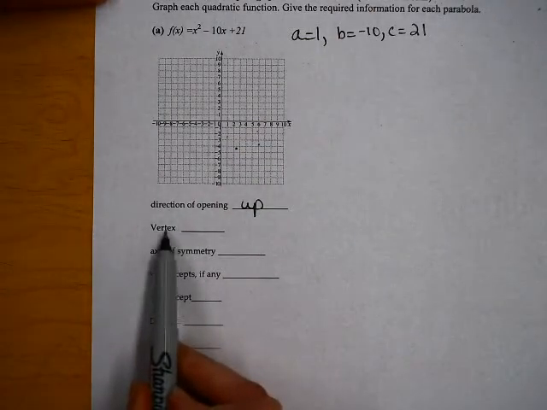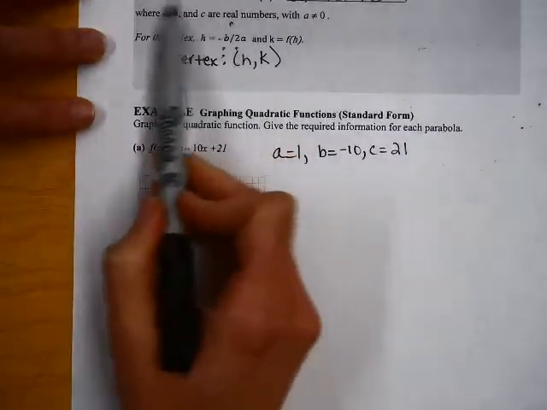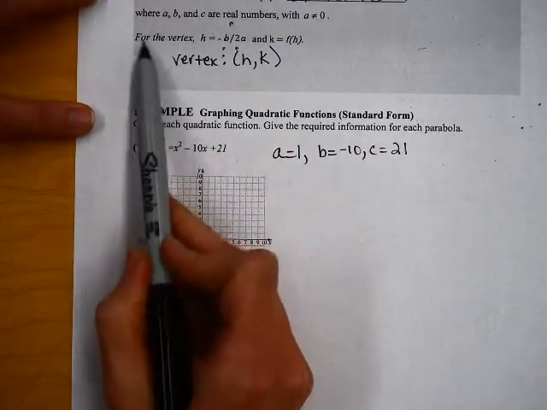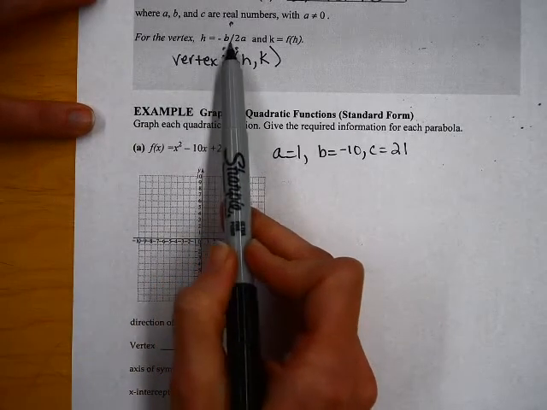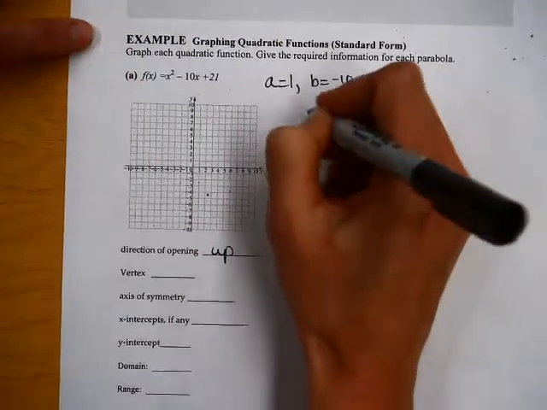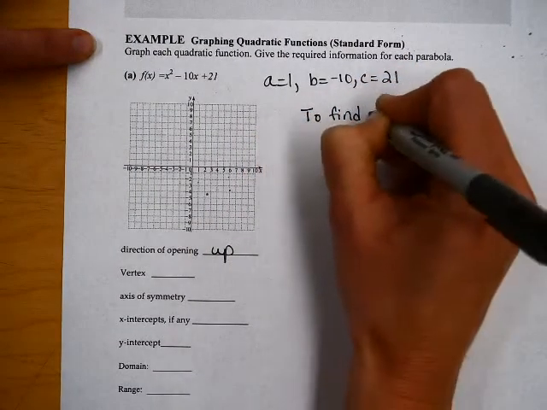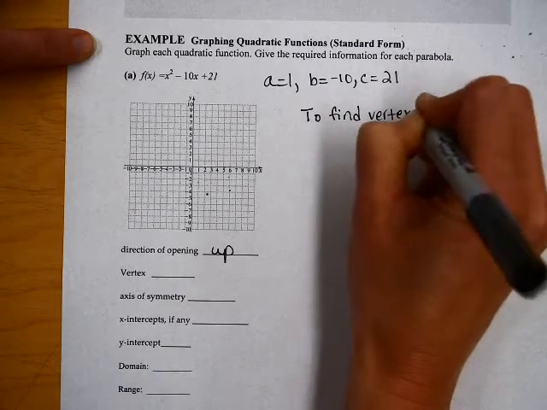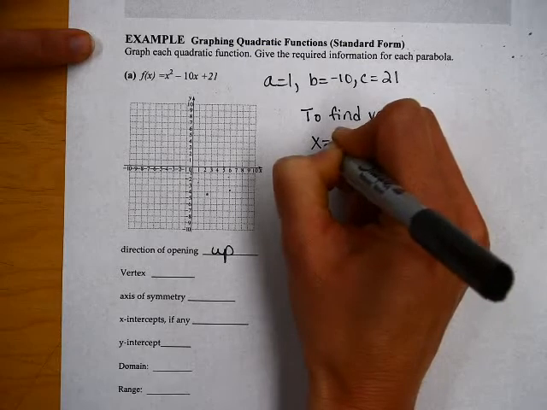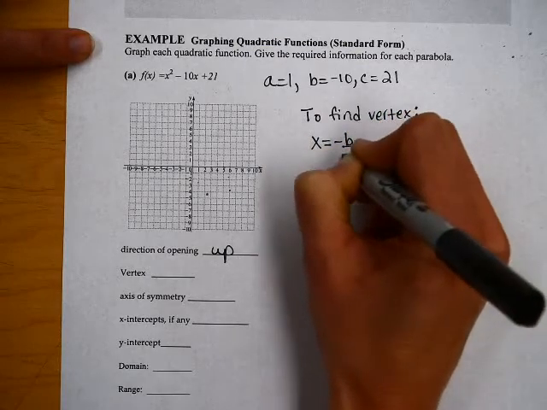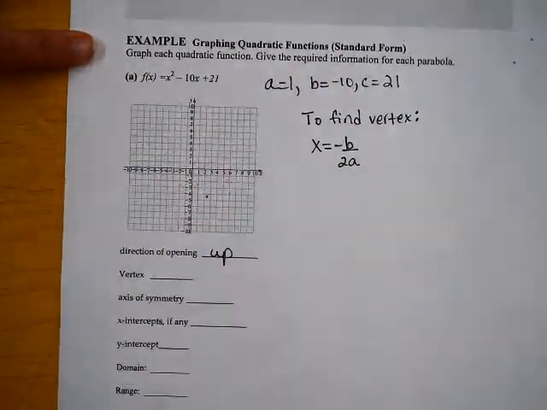To find our vertex, this information back up in our box is going to come in. For the vertex, h is going to equal negative b divided by 2 times a. If you want to make some notes here, you can put that to find the vertex when it's in standard form, we start with x equals negative b over 2a, or in other words, the h part, which is really the x part of our vertex.